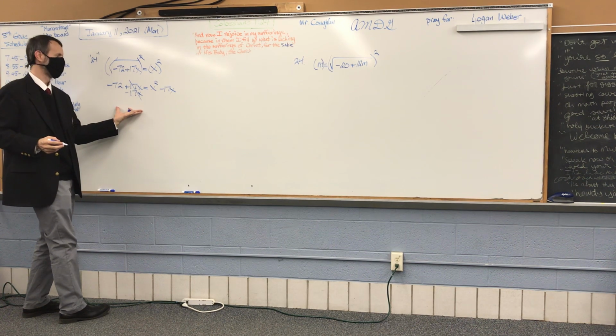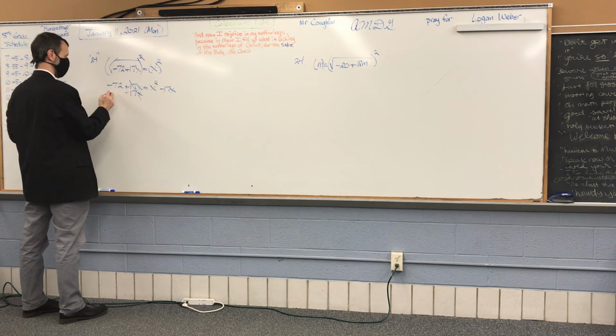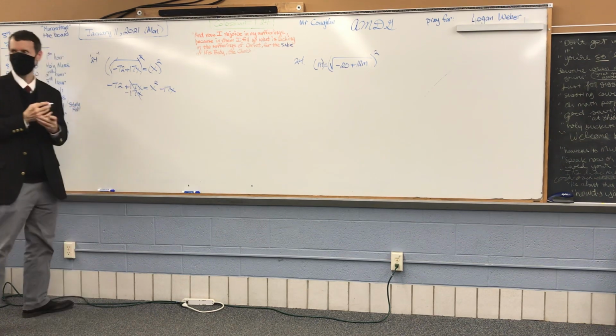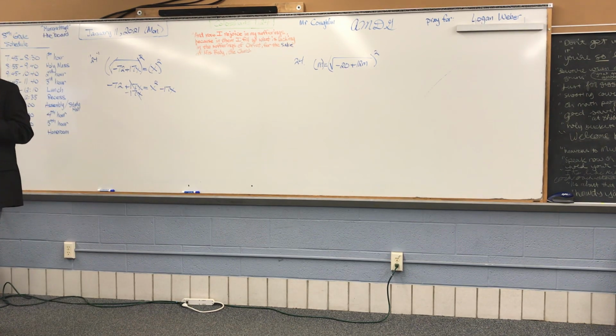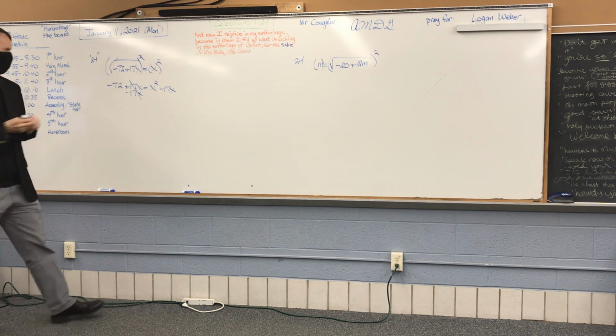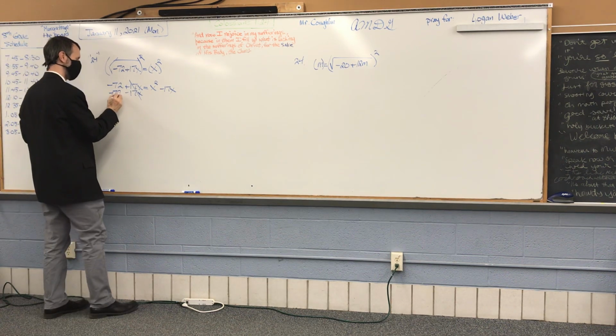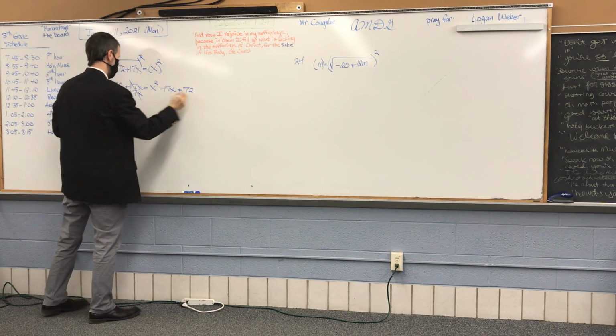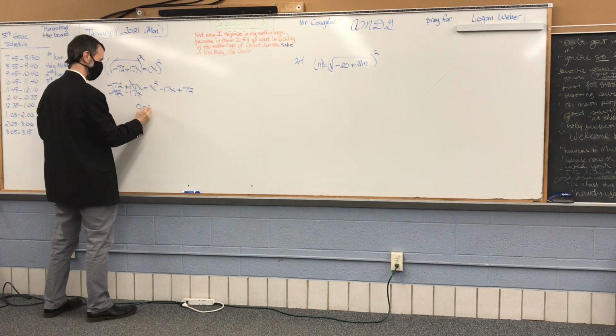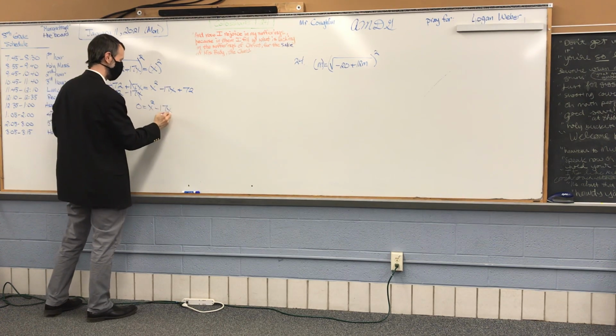The 72. How do you get rid of it? Add 72 to both sides. So here's what it looks like: 0 equals x squared minus 17x plus 72.